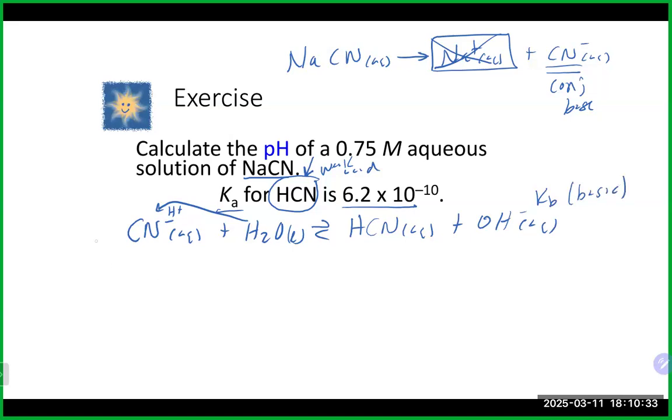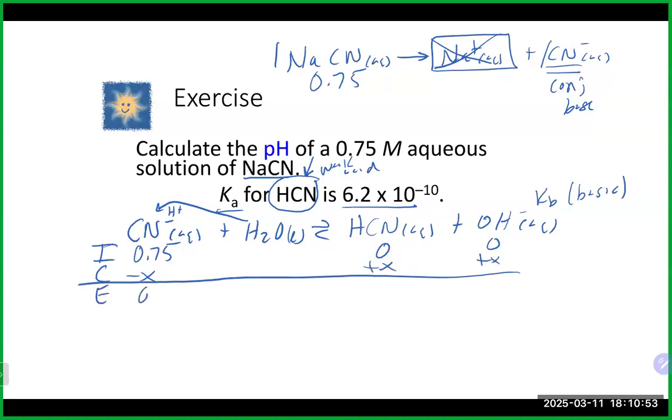All right, so popping in our initial concentration here, 0.75. It is a 1-to-1 relationship between those, so the concentration is the same for both of them. And again, we will have zeros, minus X, plus X, plus X. Coming down here, 0.75 minus X, X, and X. Once again, we'll go into our Kb, which is our HCN, our hydroxide, and our CN minus.